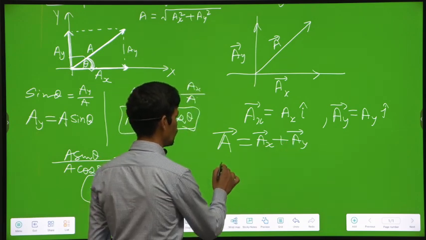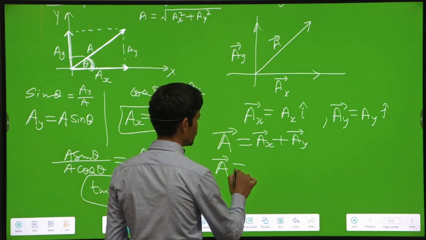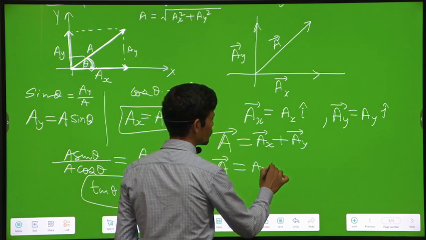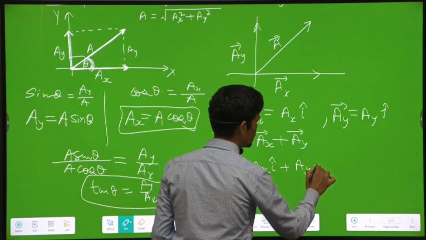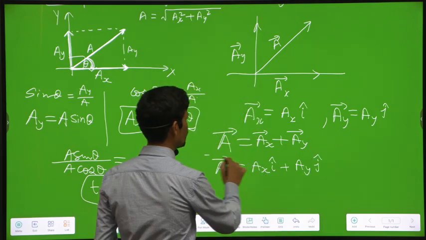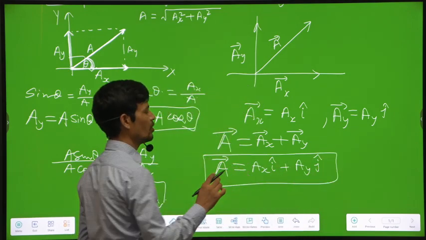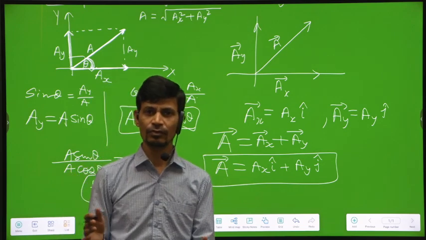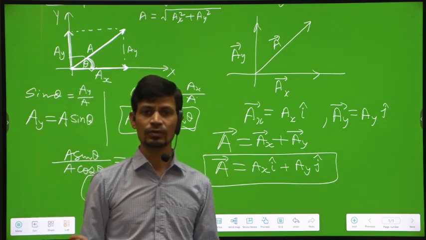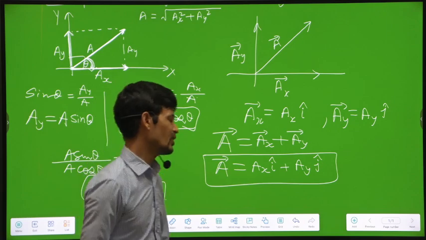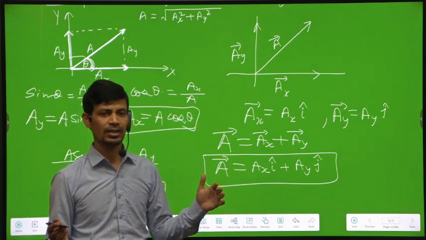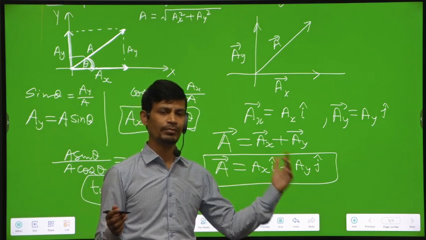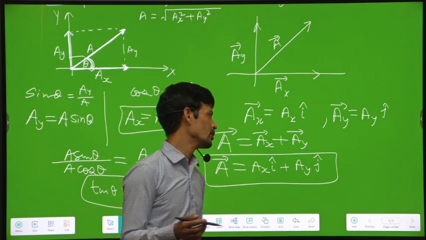And now what? Ay j cap. This is how we are going to represent vectors. So if you look at your books, you can find such expressions many times, where a vector is given in terms of i cap plus j cap plus k cap form.